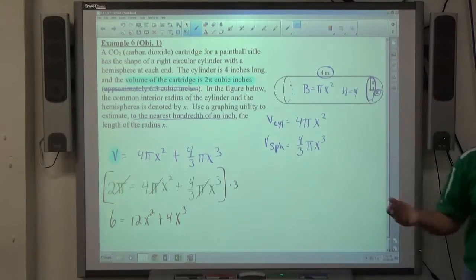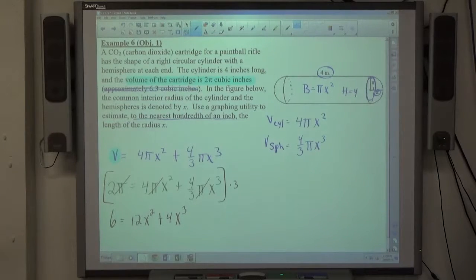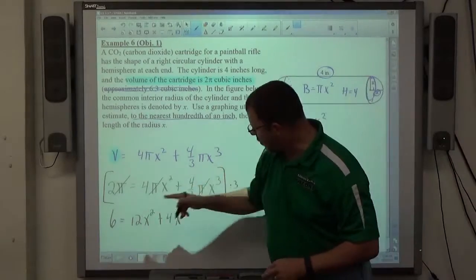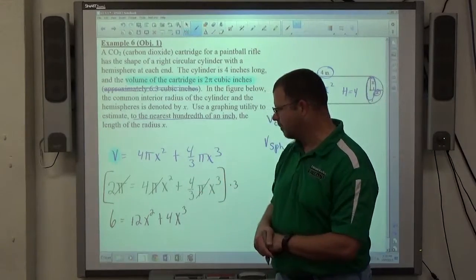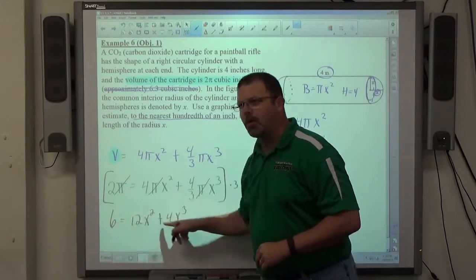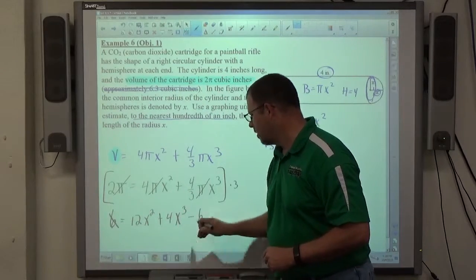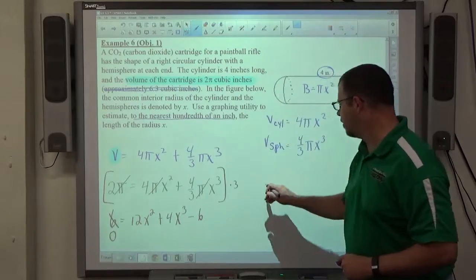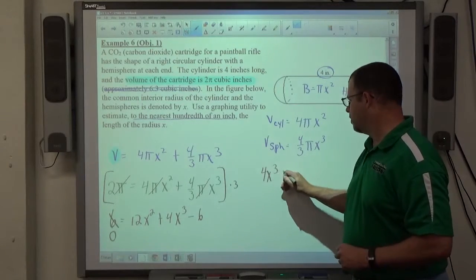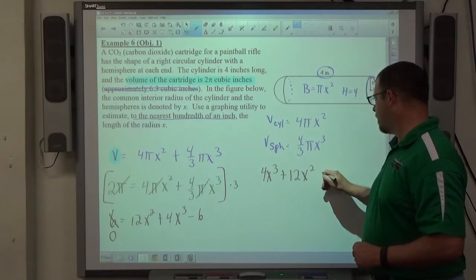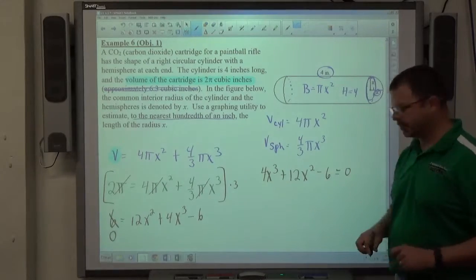So again, the pi's disappeared because everything had pi in it. Multiply everything by 3 to get rid of the fraction. 3 times 2 is 6, 3 times 4 is 12, and 3 times 4/3 makes 4. And now it's just a polynomial function again, equal to 6. I want to make it equal to 0. Move the 6 over here. So I end up with 4x cubed plus 12x squared minus 6 equals 0.